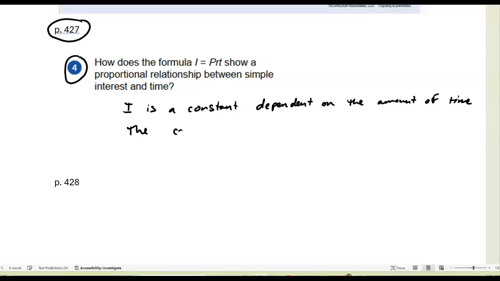The constant rate of proportionality is P, our principal, times our R. So our principal and our rate aren't going to change, but the amount of time is going to change. And as a result, when the amount of time changes, interest changes.